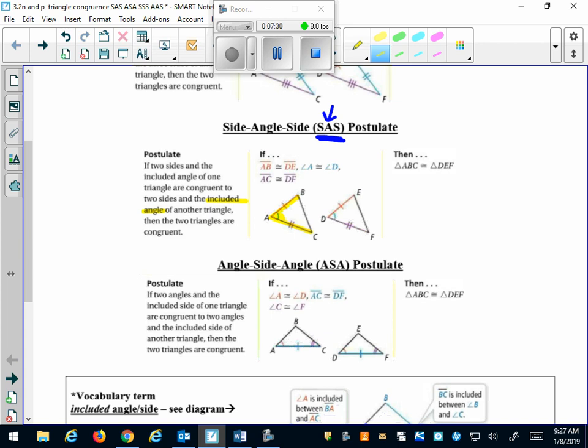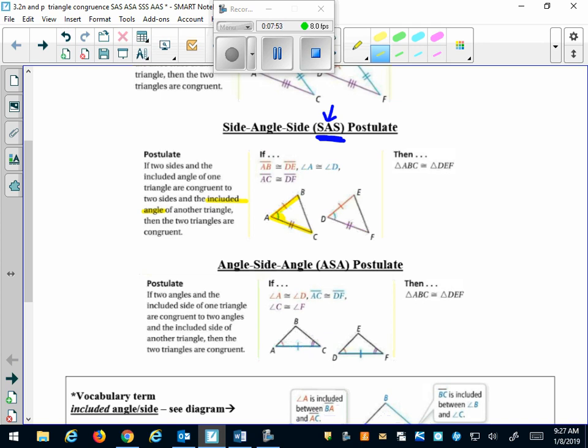Okay, so again, if you picture this, if I gave you linguine and I said, you have to have a 3-inch piece and a 5-inch piece, and you have to put it on your desk exactly so that the 3-inch and the 5-inch forms a 22-degree angle.